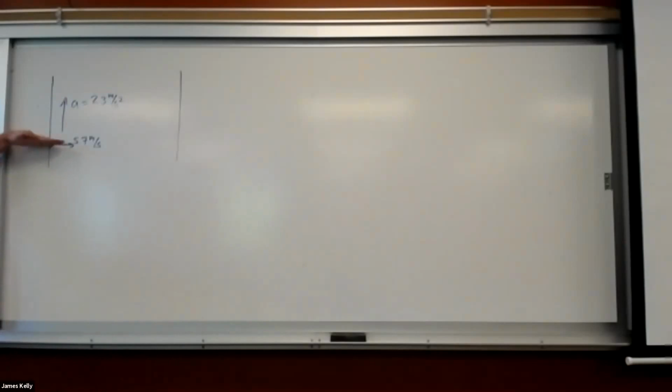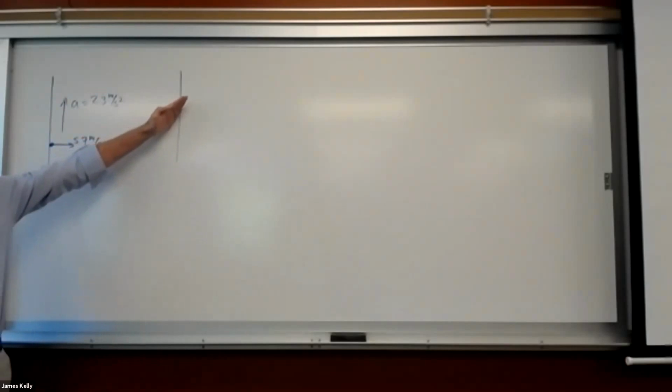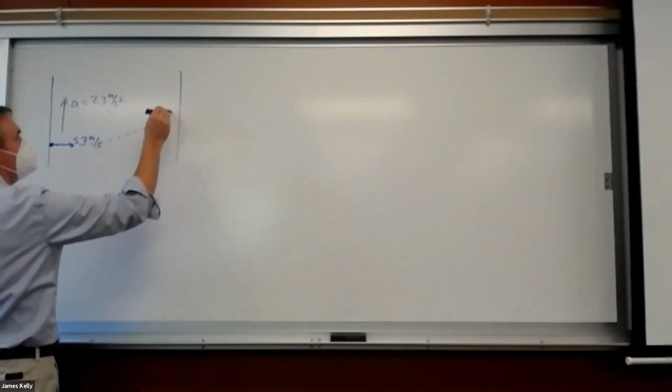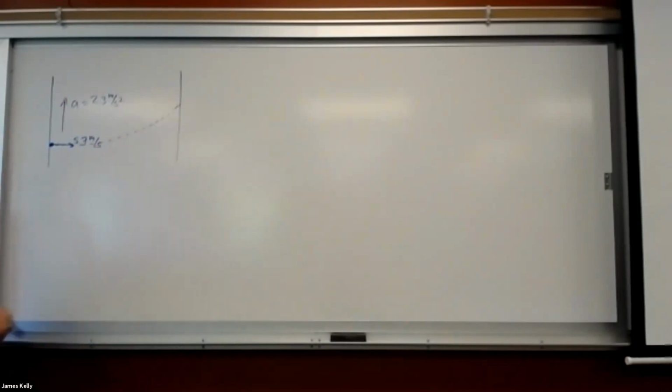If it weren't accelerating, of course, it would just go straight across, but it starts going more and more in the upward direction. So its path, which you probably figured out because you did part A, starts to curve more and more upward as time goes on. It's got a constant acceleration there.